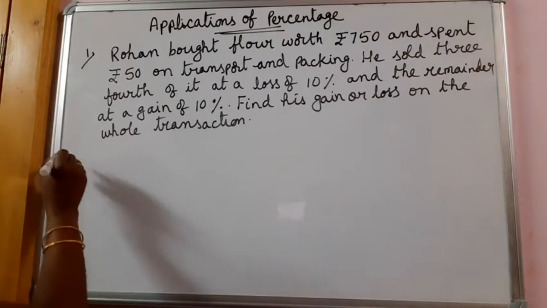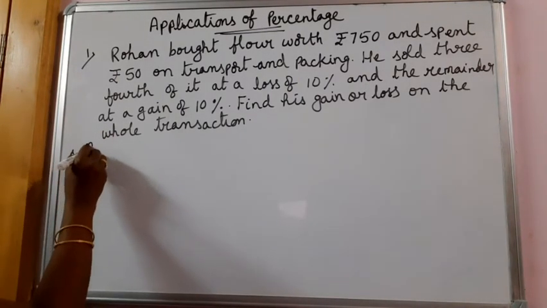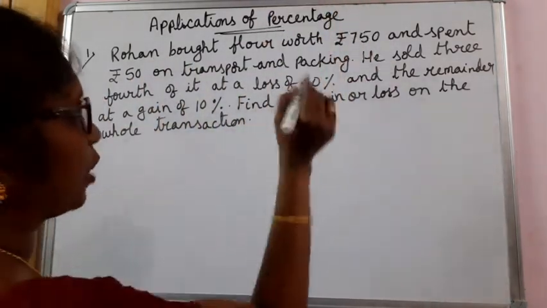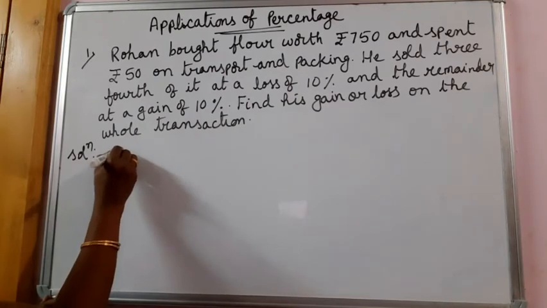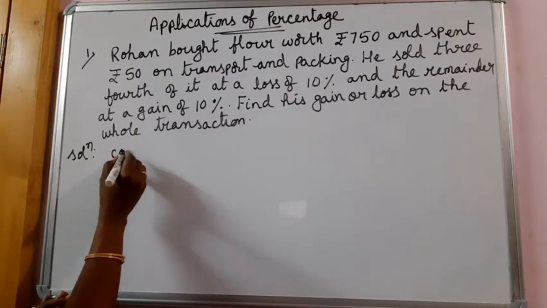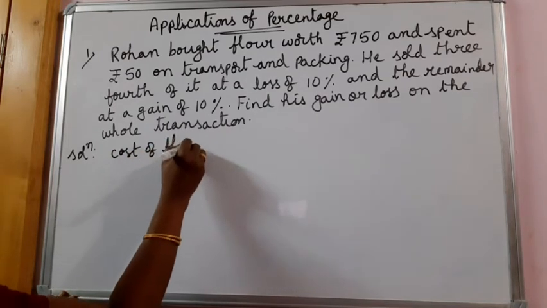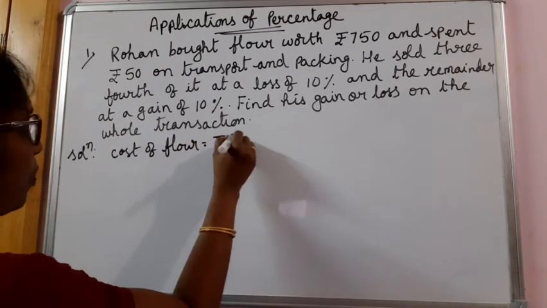Okay, let us write what is given first. Rohan bought flour worth 750 rupees. That means cost of flour, how much? 750 rupees.